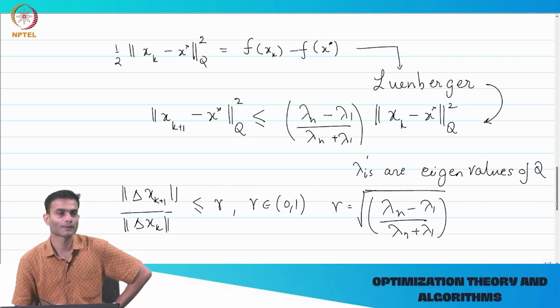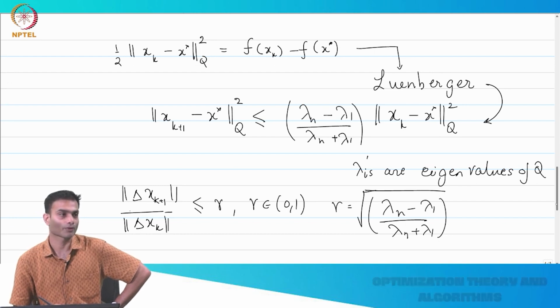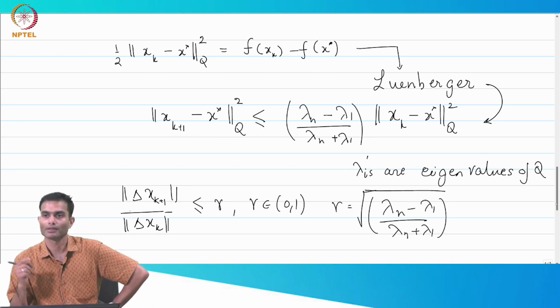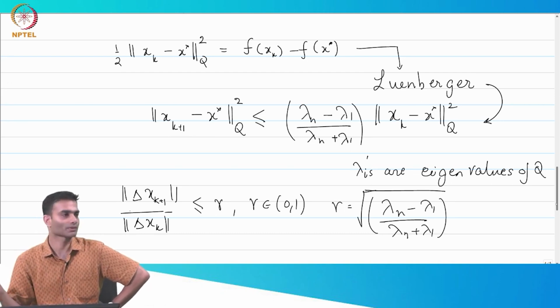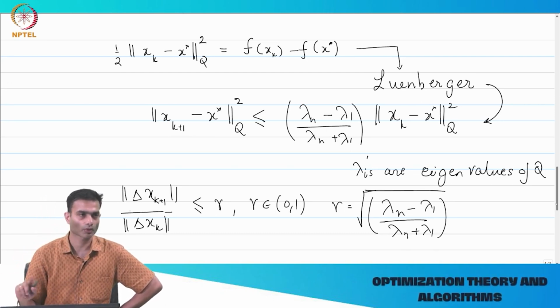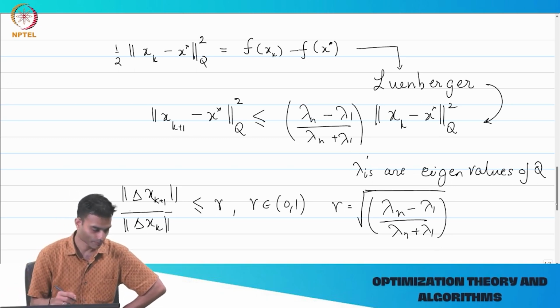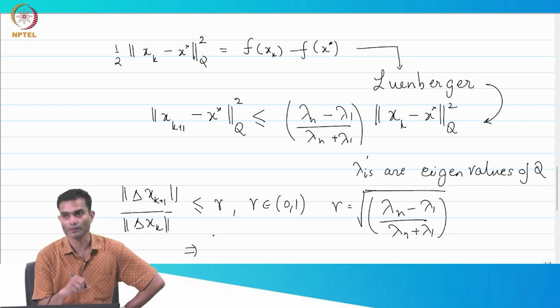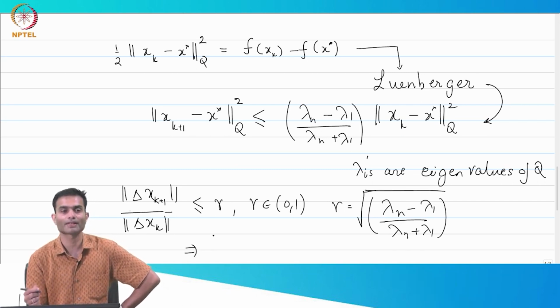Correct, because for a positive definite matrix, which is also symmetric, the eigenvalues and the singular values are identical, right? So I can talk in either terms. Okay. So we proved earlier that convergence happens, and now we are saying that convergence is linear.